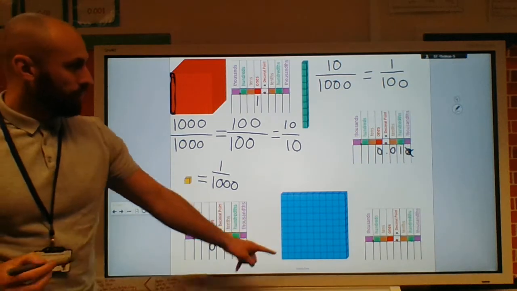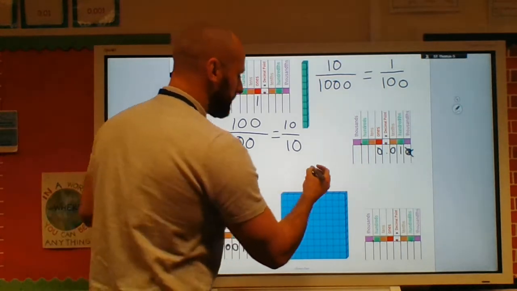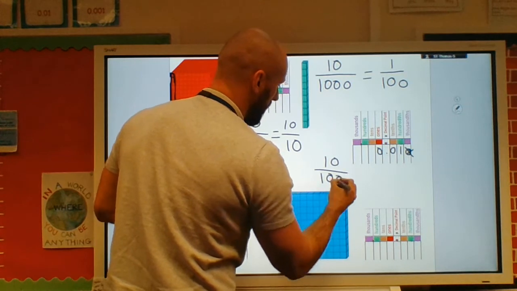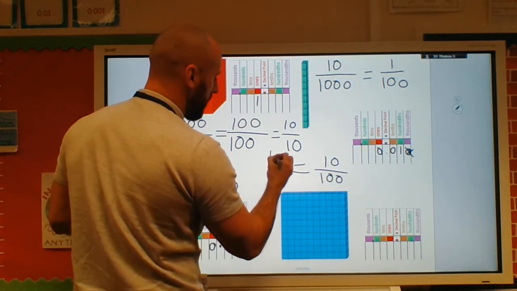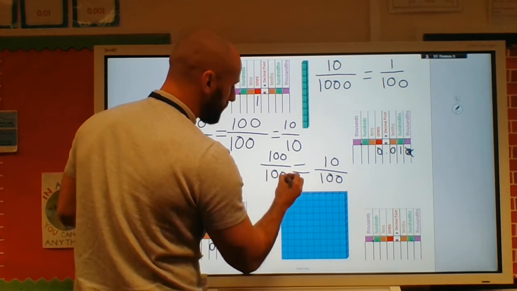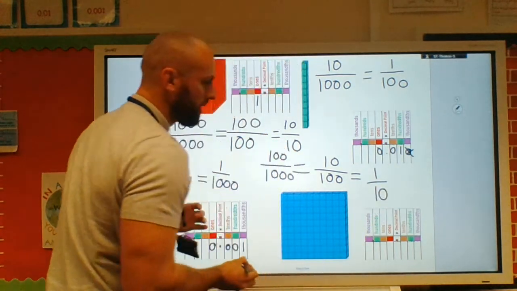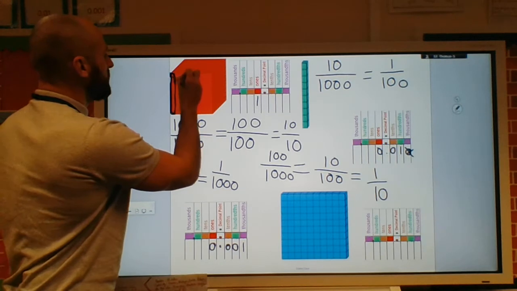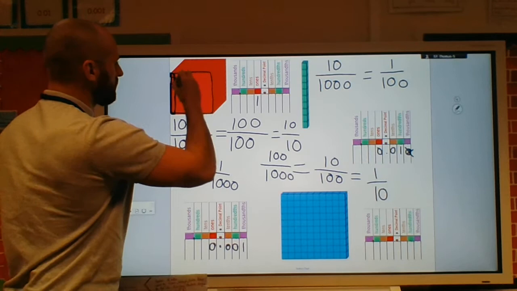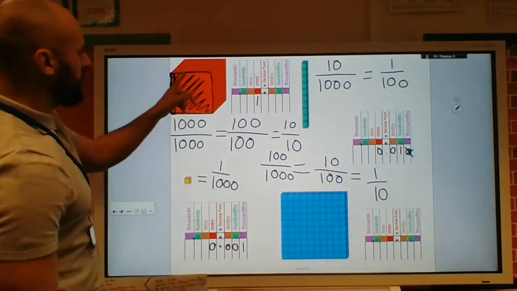And then here now, well, what happens then when I get 10 hundredths? I can also describe that as 100 thousandths. But I can actually also simplify it to 1/10th. And remember, if I had 10 of those and stack them all behind each other, I'd be able to make 1 whole.